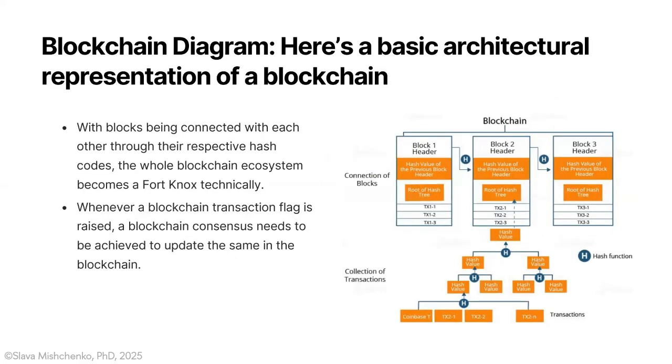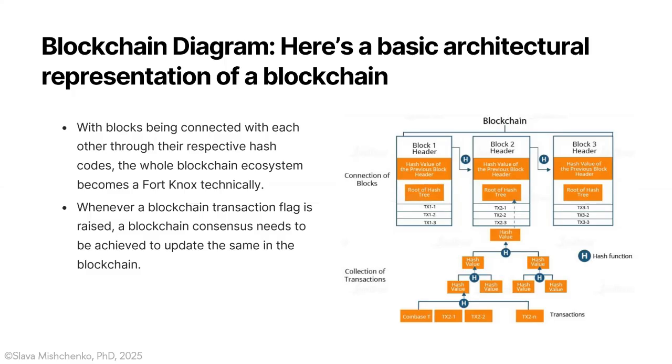Now, let me show you a more detailed architectural view of how blockchain works. And this diagram here on the right beautifully illustrates both the connection of blocks and how transactions are collected within each block. So at the top, you can see what we call the connection of blocks.